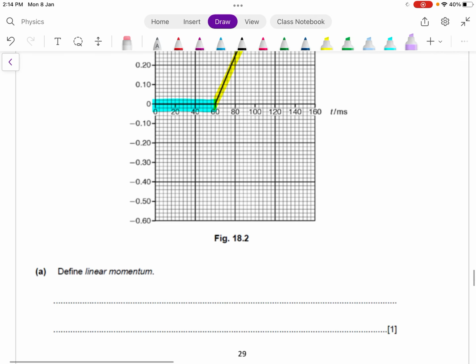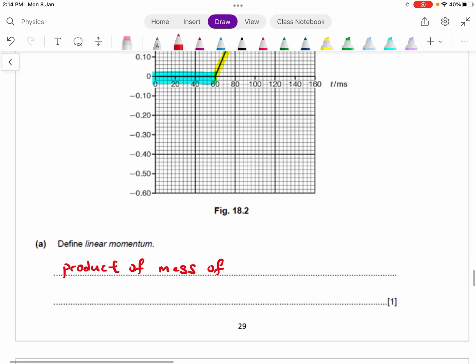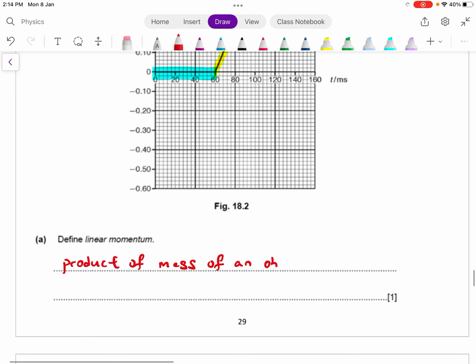So the very first part A: define what is linear momentum, 1 mark. This is a definition question. First, it is the product of the mass of an object and the velocity of an object.